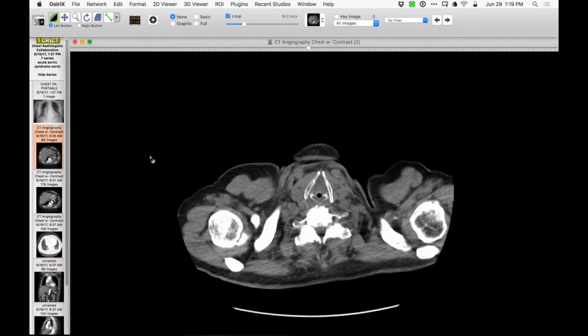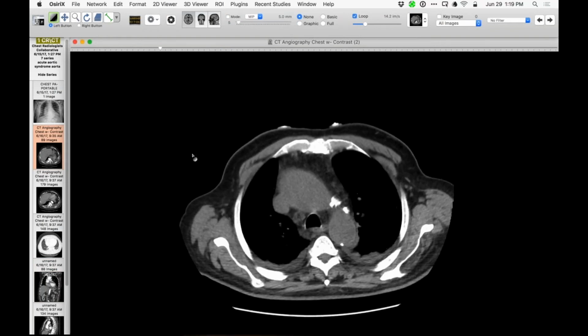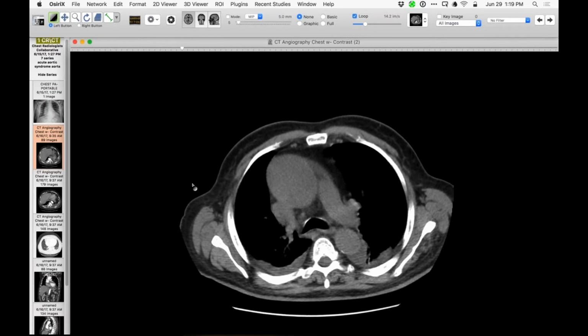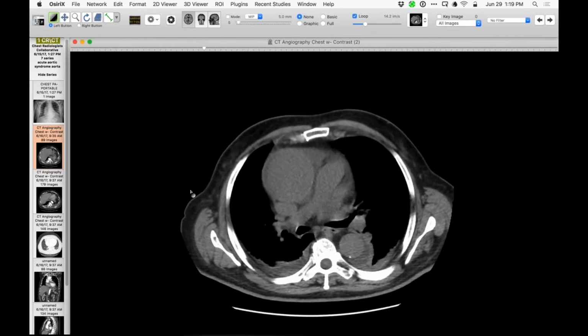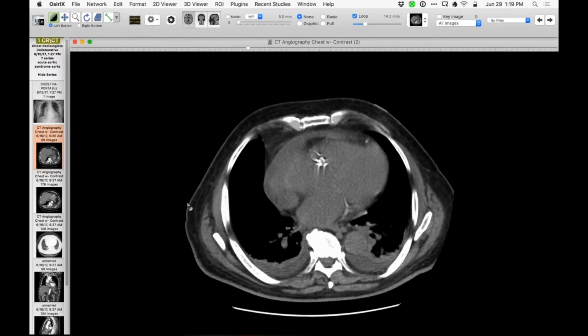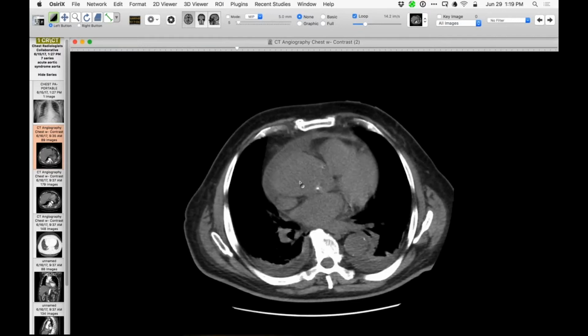Actually, I want to show you the non-enhanced. When I looked at this, I couldn't really perceive any hyper-attenuating clot in relation to the aorta. If it's there, it's got to be really subtle. But if I had looked at this, I would not clearly have perceived hyper-attenuating clot anywhere in particular. There is some pericardial fluid that you see there.